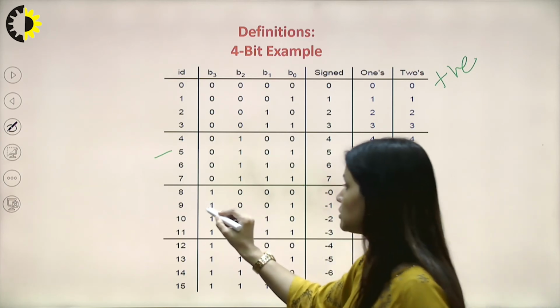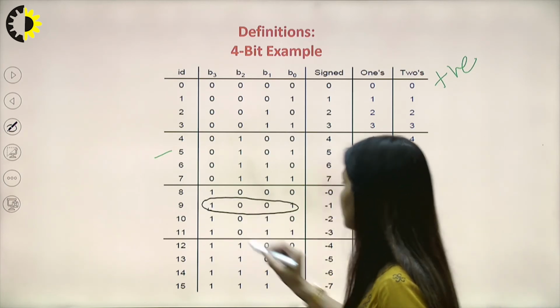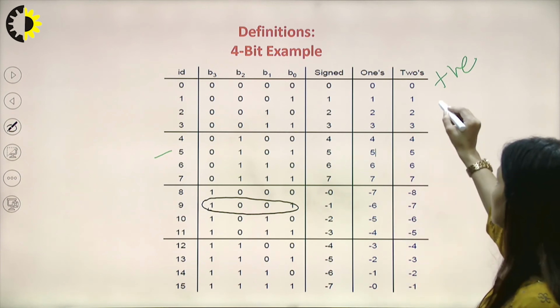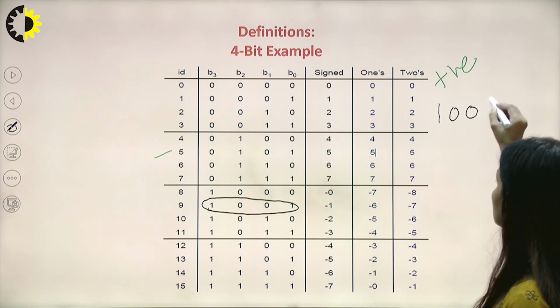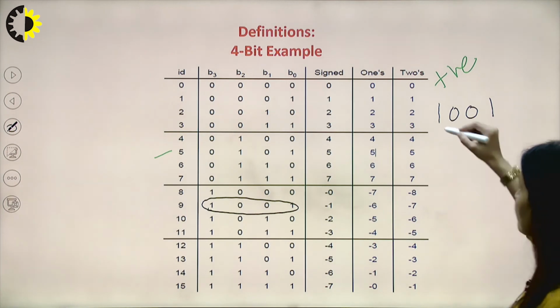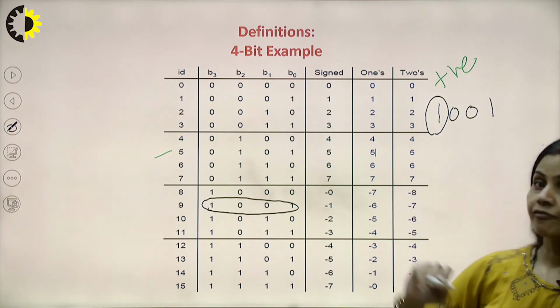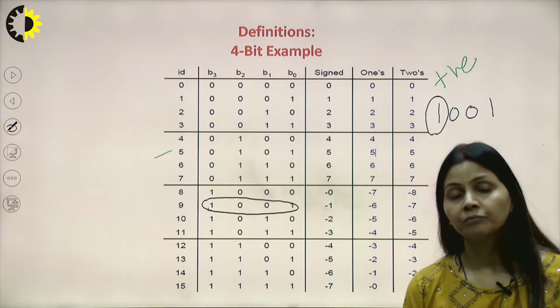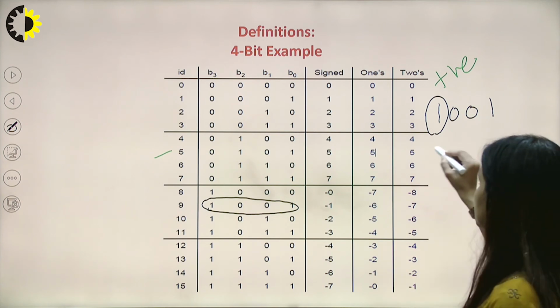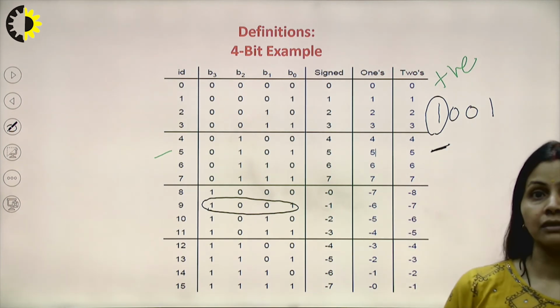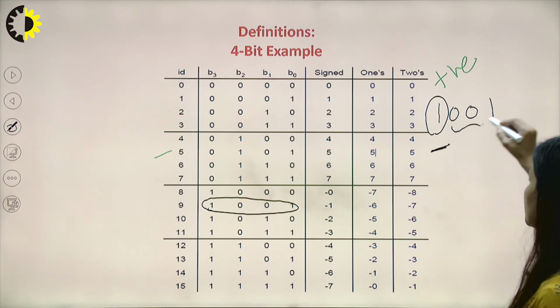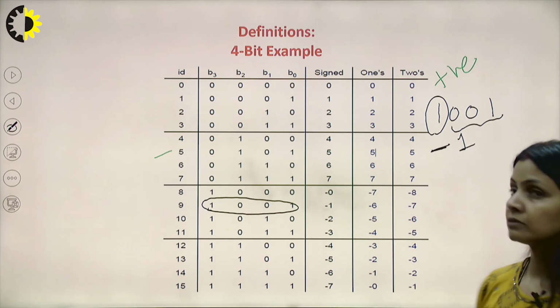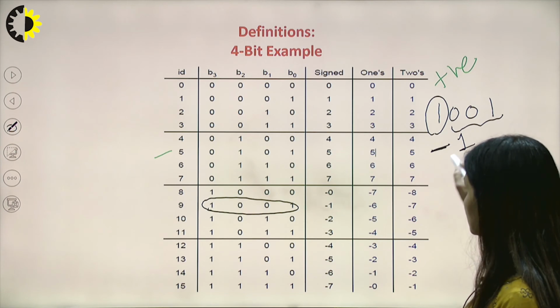I am given this binary number 1001. If the first bit, the MSB, is 1, that means the number is negative, so I will put a minus sign. I will calculate the magnitude of it. Here it is -1.